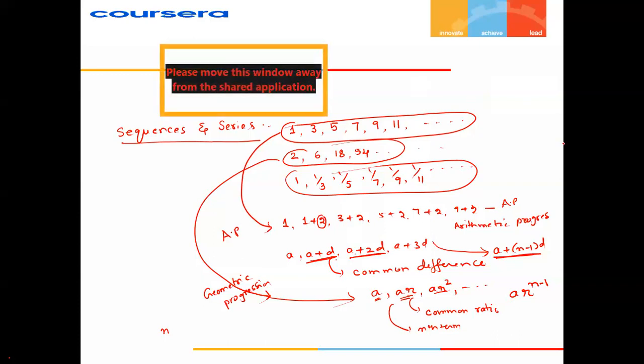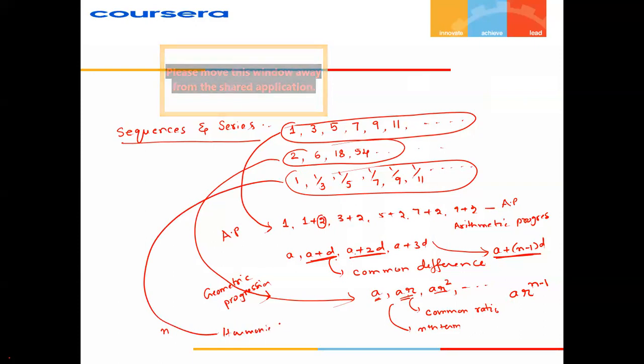What about the third one? If you see here, the third one is nothing but something related to the first one, right? 1 by 1, 1 by 3, 1 by 5. This is nothing but the reciprocals of an AP. This is what we call HP, harmonic progression.